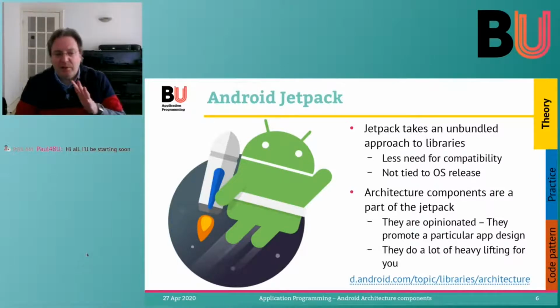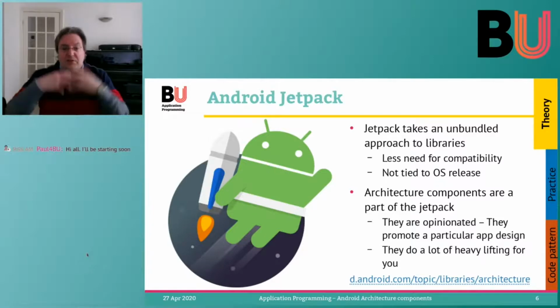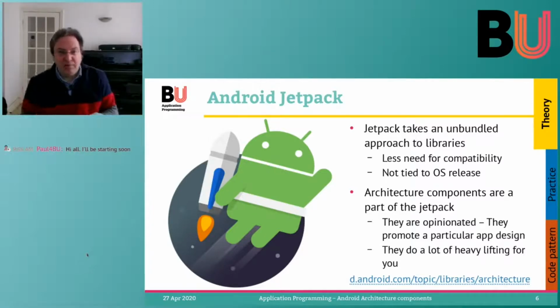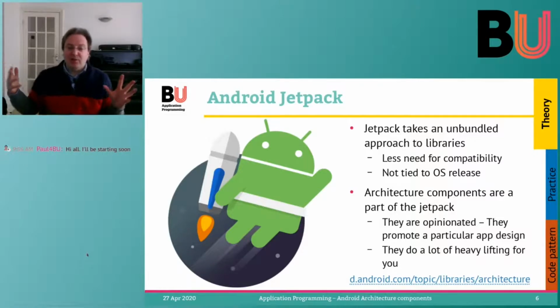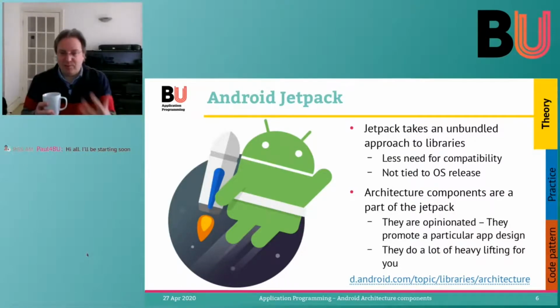And as part of that, there was also a lot of demand from developers for Google to actually provide more guidance in how you actually create your application. What is a good design for an application? Of course, there's many ways to design an application, but they wanted something that said, okay, this is supported by Google.